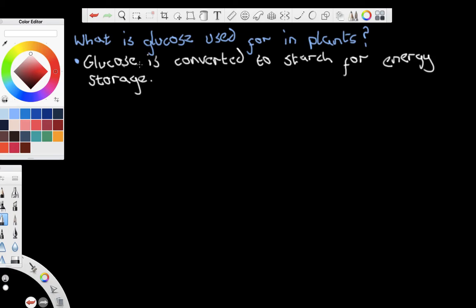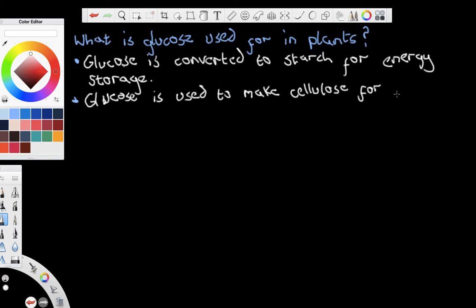So glucose is converted to starch for energy storage. Another use of glucose is that it can be built into sugars, into cellulose for cell walls. So glucose is used to make cellulose for cell walls.